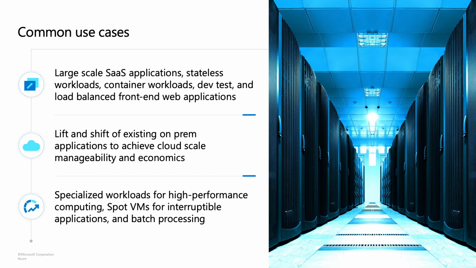VMSS also provides infra which is specialized, high performance, and it also offers capabilities for you to reduce your cost by using spot VMs, which are interruptible VMs, and save cost for your compute. VMSS is also used in batch processing workloads as well.